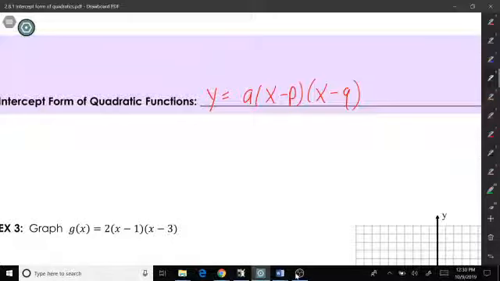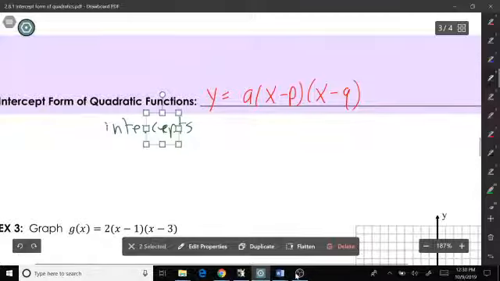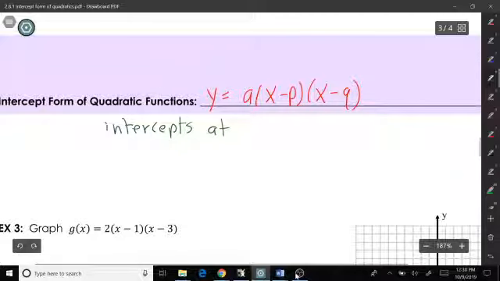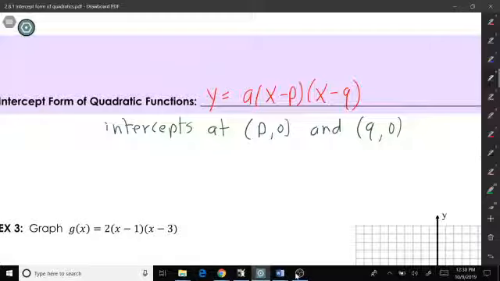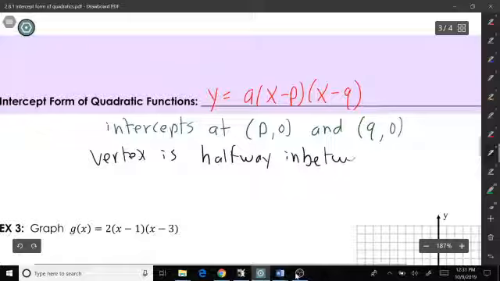And that means we have intercepts at p comma 0 and q comma 0. Those are the 2 x-intercepts. And the vertex is halfway in between the 2 x-intercepts.